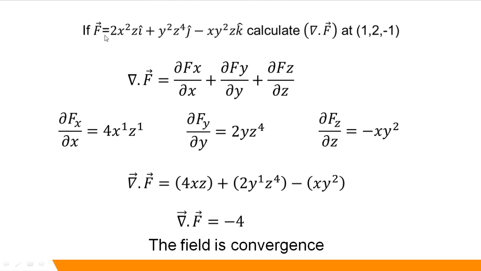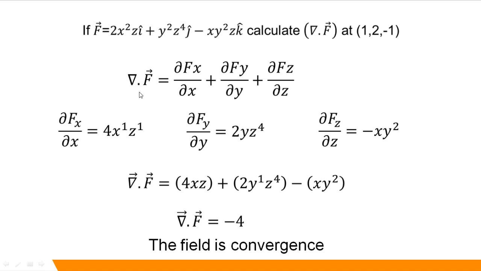A vector field is given: F = 2x²z i + y²z⁴ j − xy²z k. They ask to calculate the divergence of the vector field at (1, 2, −1). As usual, this is the formula: 2x²z is the x component, y²z⁴ is the y component, and −xy²z is the z component.